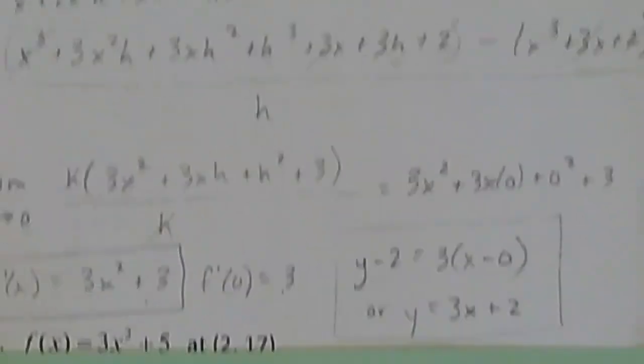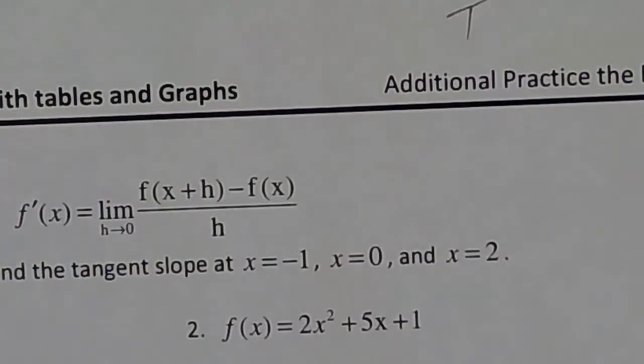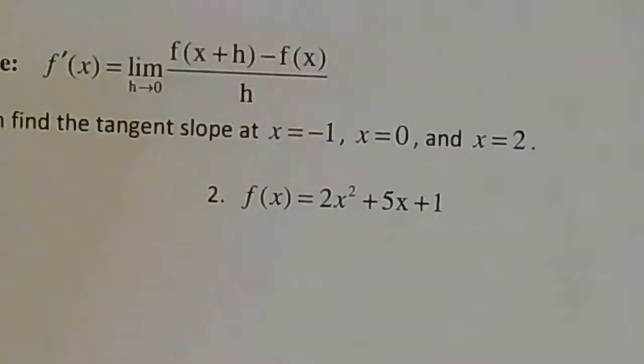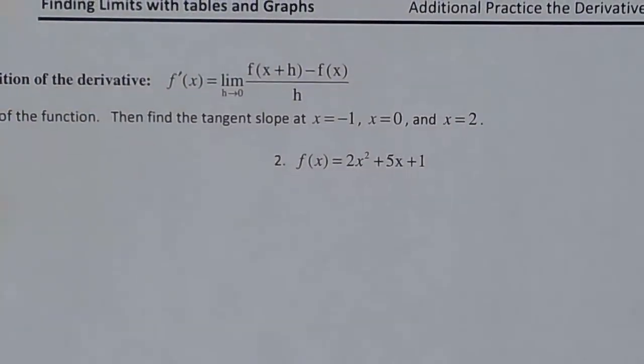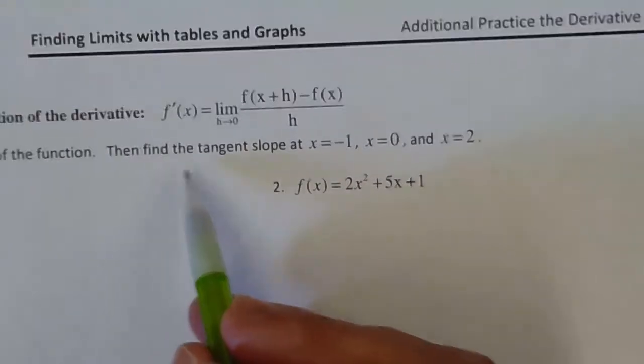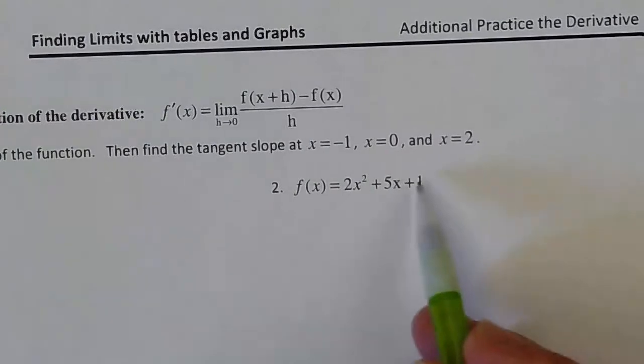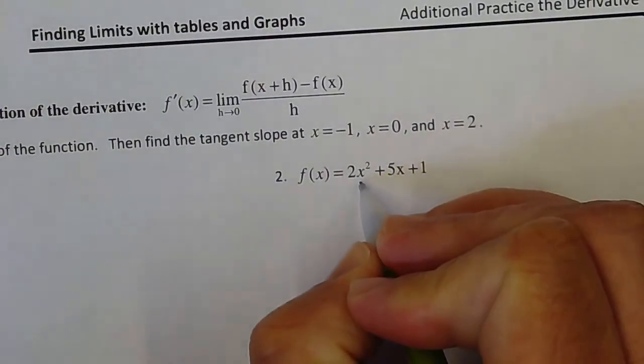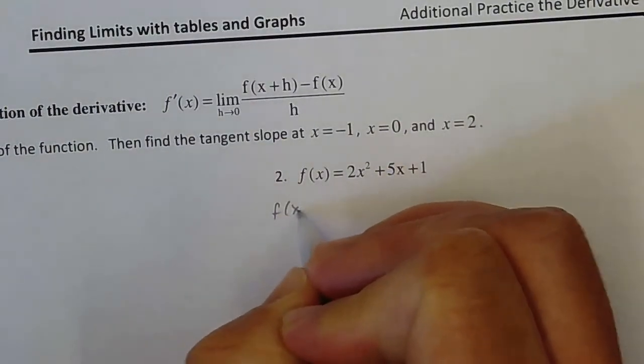Okay, let's look at page 25, this last example. I'm going to walk you through number 2, and we'll wrap this up. Okay, so find the derivative of the function. This one's just different because it says find the tangent slope at these different spots. So the derivative will be, we need to find f of x plus h first.